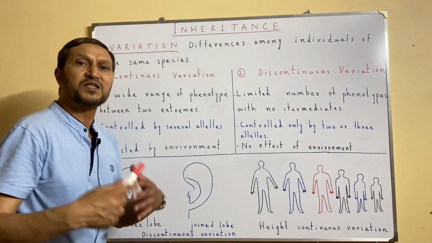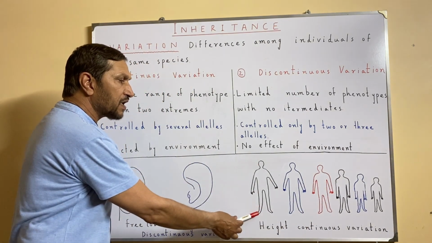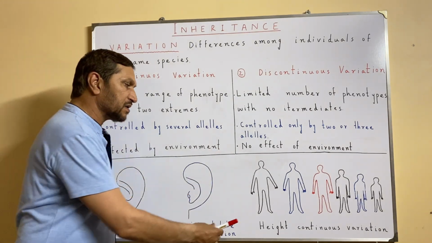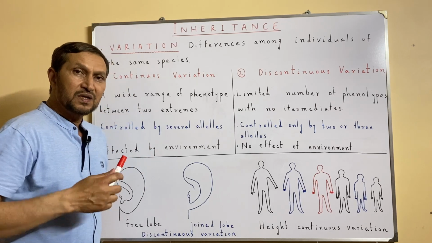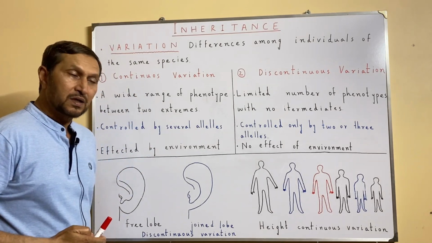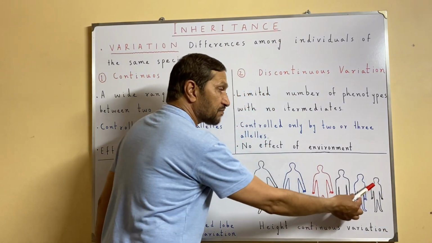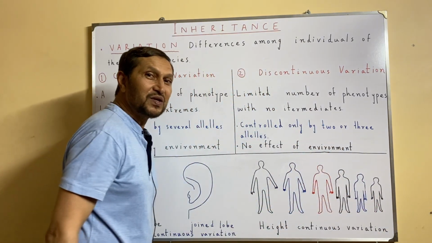Phenotype means expression. If one person is very tall, maybe about 6 feet or 6.5 feet or even 7 feet, but you might have observed some people are very dwarf, their height is only 4 feet or even less.